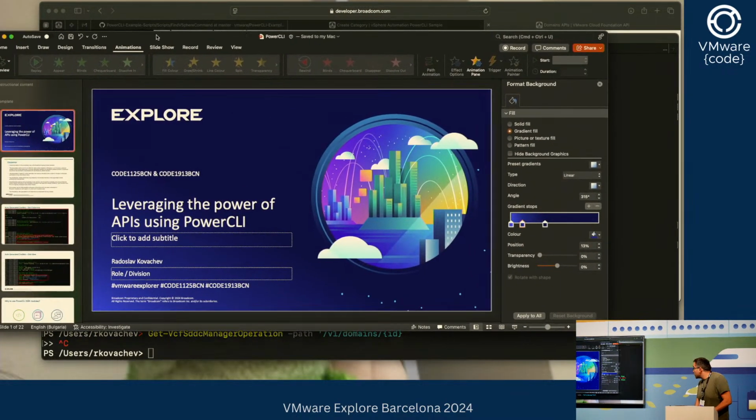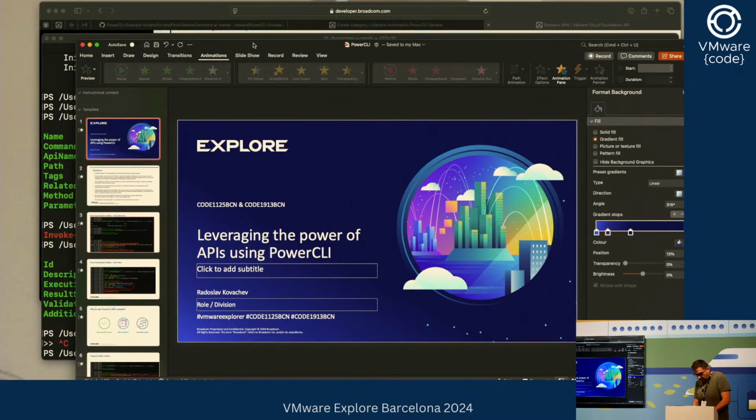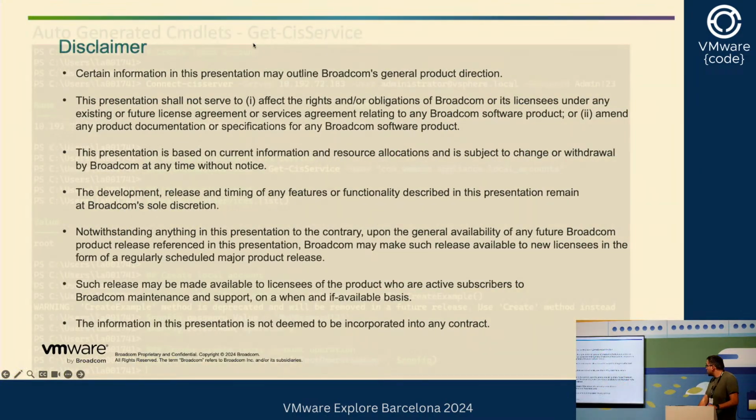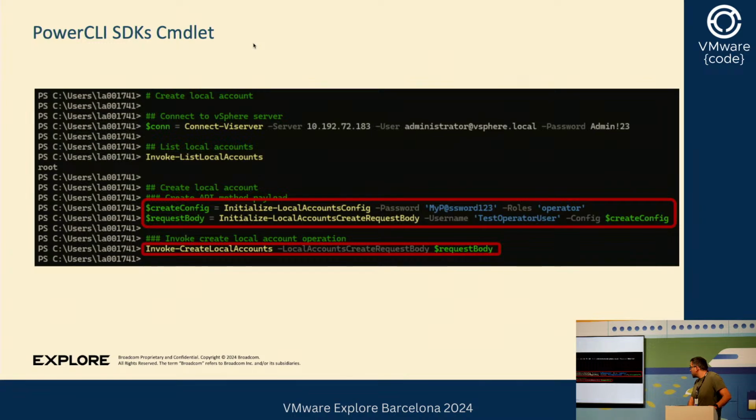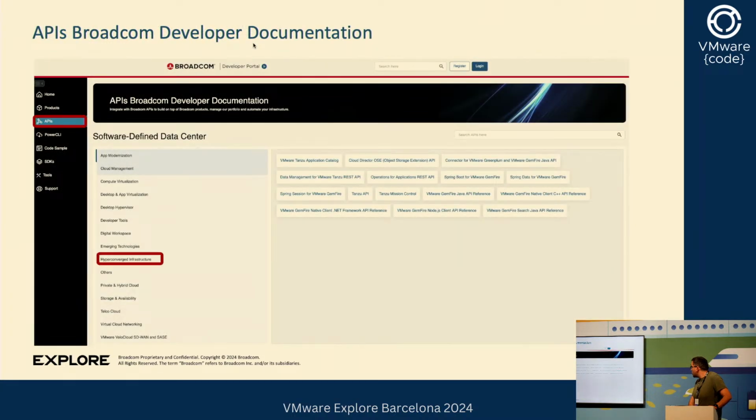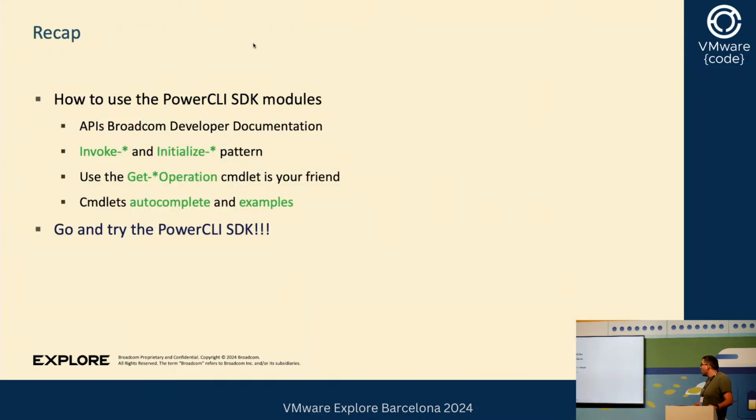Let me summarize what we just did. Basically, what I just showed you is that in order to use the second generation of auto-generated commandlets, obviously you have to start with the API Broadcom developer portal.